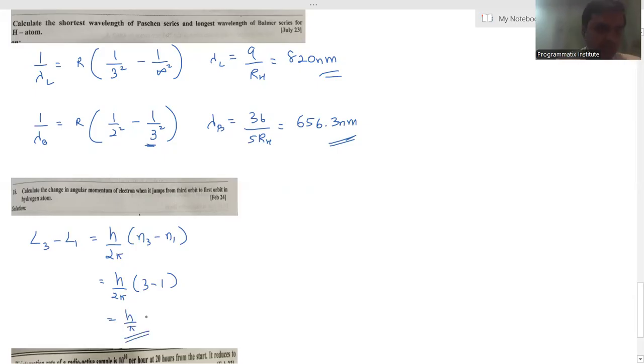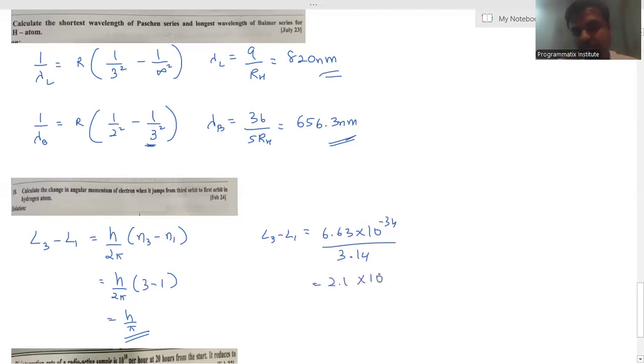I think it's boards, so obviously you'll not get such options over there. You will have to put in a little effort and go one step further. So in L3 minus L1, you have to substitute these values, divide, and write down the final values as well. So 3.14, 3 twos are 6, approximately 2.1 something.